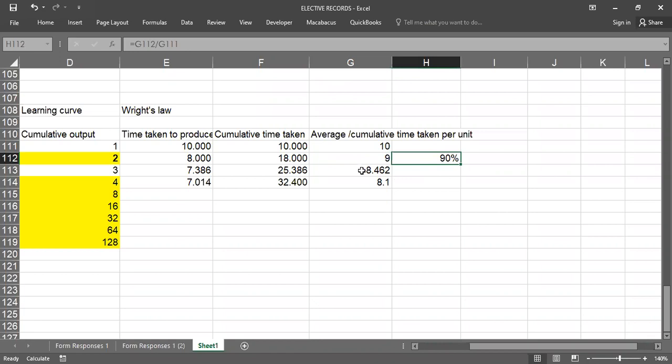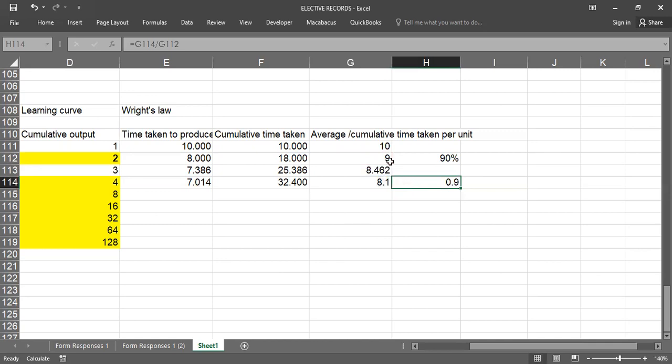We say that for the item 3, we are not going to use it because 3 doesn't double what is on top of it. But when you go to 4, which doubles 2, you're saying that its cumulative average time, or its cumulative time taken per unit, is falling. Indeed, it fell from 9 to 8.1 at the fixed rate.